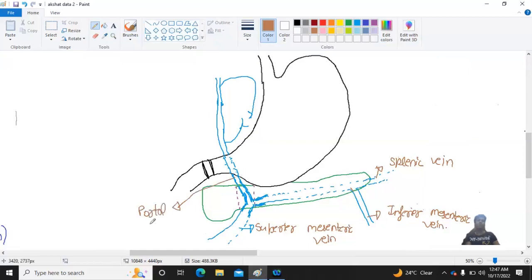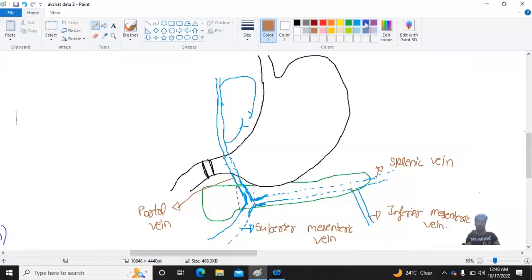Portal circulation. Portal vein. Now there is a connection between the superior mesenteric vein and the right gastric vein, which is present near the pylorus region, the sphincter region, basically above the sphincter. This is called the pre-pyloric vein of Mayo.